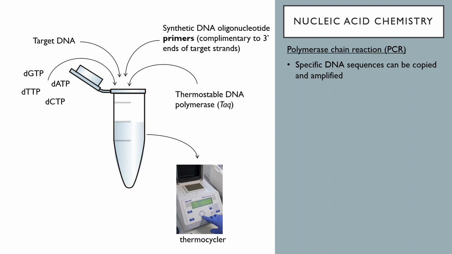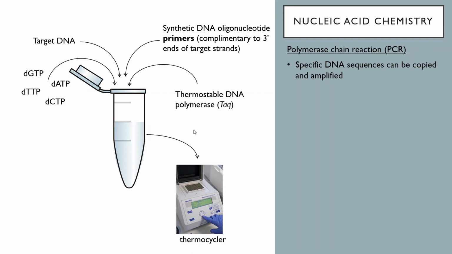One way to study DNA sequences in the lab is to make copies of that sequence using a process called the polymerase chain reaction, or PCR. With PCR, you can make a copy of any given DNA sequence and amplify that region many times.